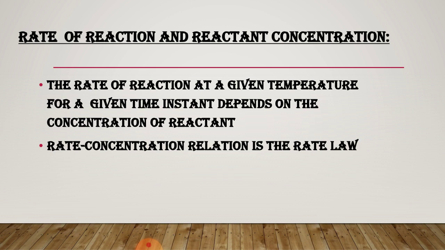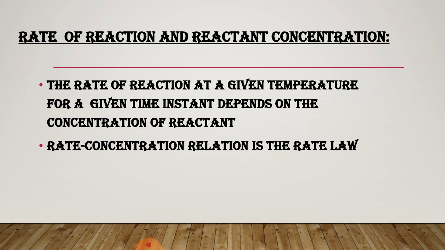So, the rate of a reaction at a given temperature for a given time instant depends on the concentration of reactant. Remember, whatever be the rate of a reaction, the reactant undergoes a chemical reaction and gives you the product.